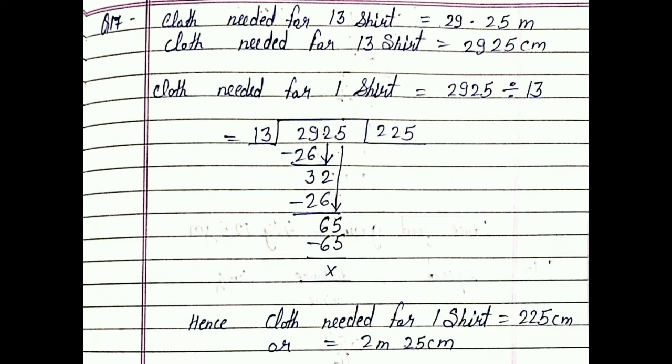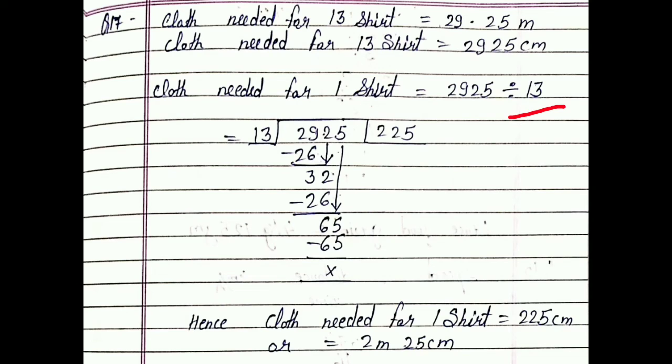So the amount of cloth for 13 shirts is given and he is asking for 1. Whenever a larger amount is given and he is asking for 1 or for each, then we always divide by that number.